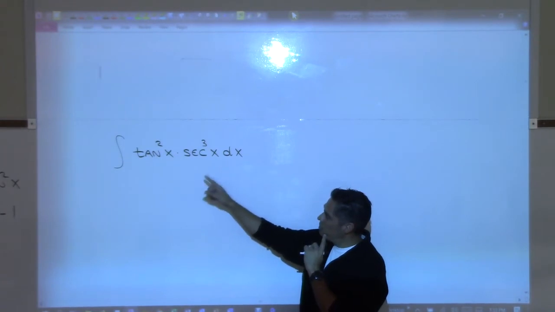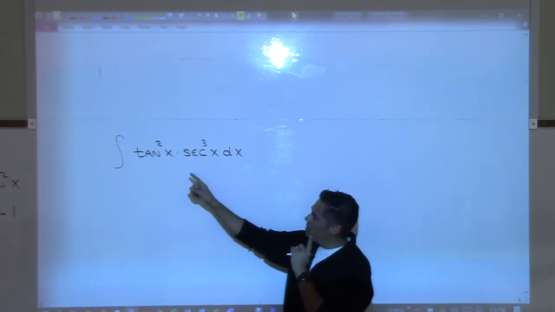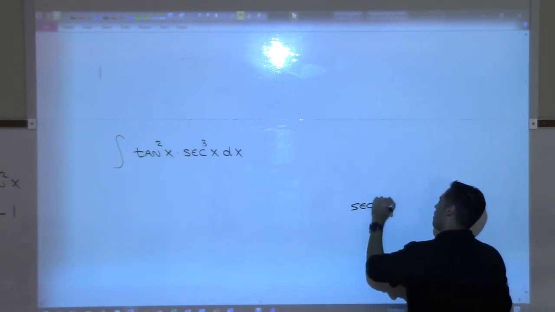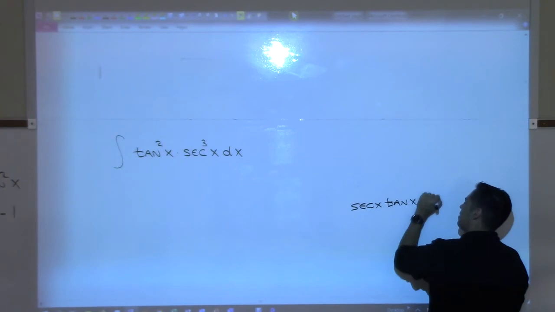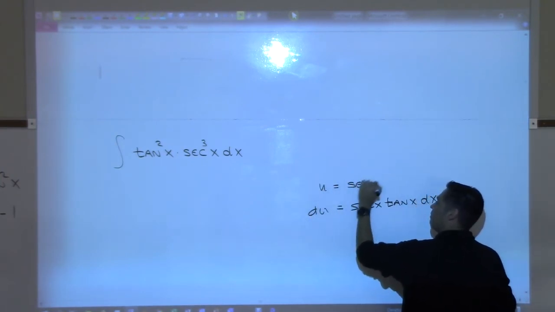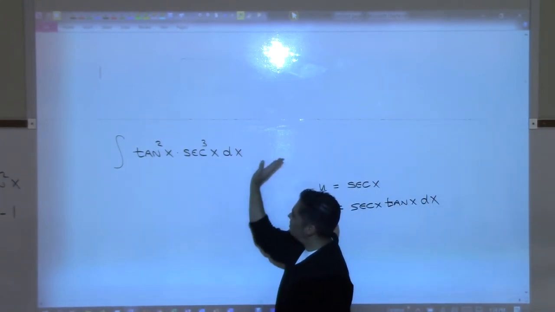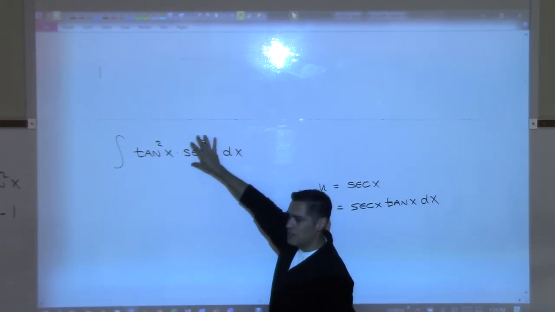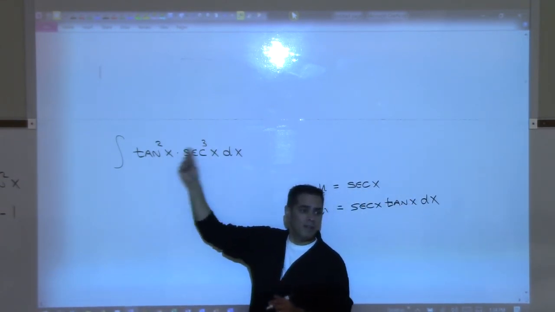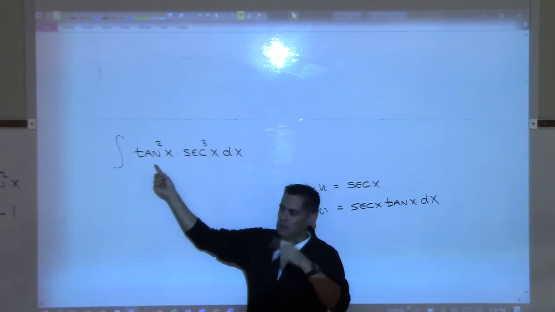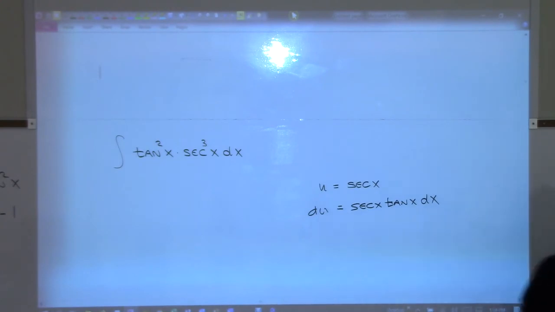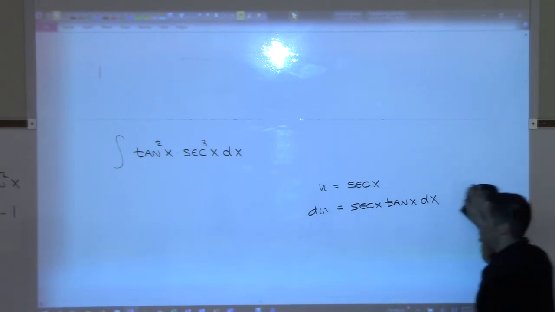That works, secant x tangent x, and that's going to be my du, and my u would have to be secant. If I peel a secant x here, I'll be left with secant squared, and that's okay. But if I peel a tangent off, I'll be left with a tangent, and I can't convert the tangent to secant using Pythagorean. Maybe integration by parts.